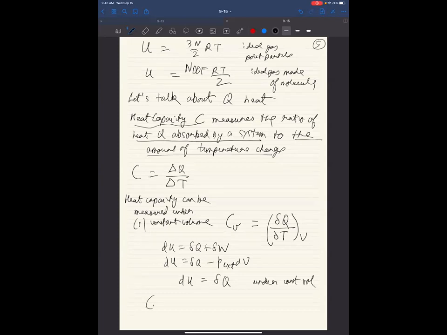This means that heat capacity at constant volume, which looks ugly, it's like a squiggly delta in the numerator and then another squiggly delta in the denominator, which is hard to calculate. And Q is a path function. You have to know how exactly you drove the system.